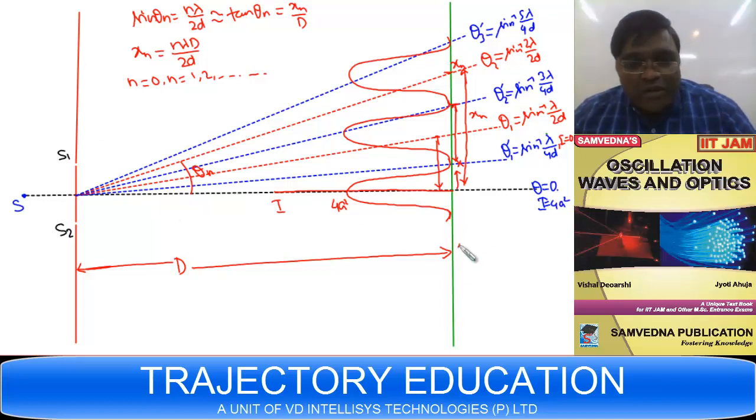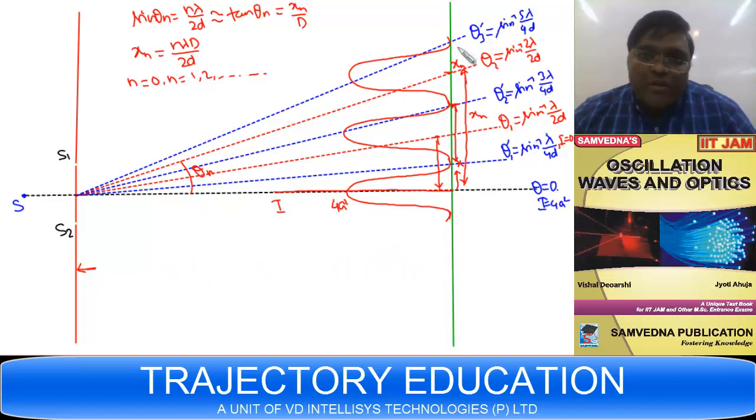Similarly, you can get the position of minima. Say this is the position of xn dash, the nth minima.